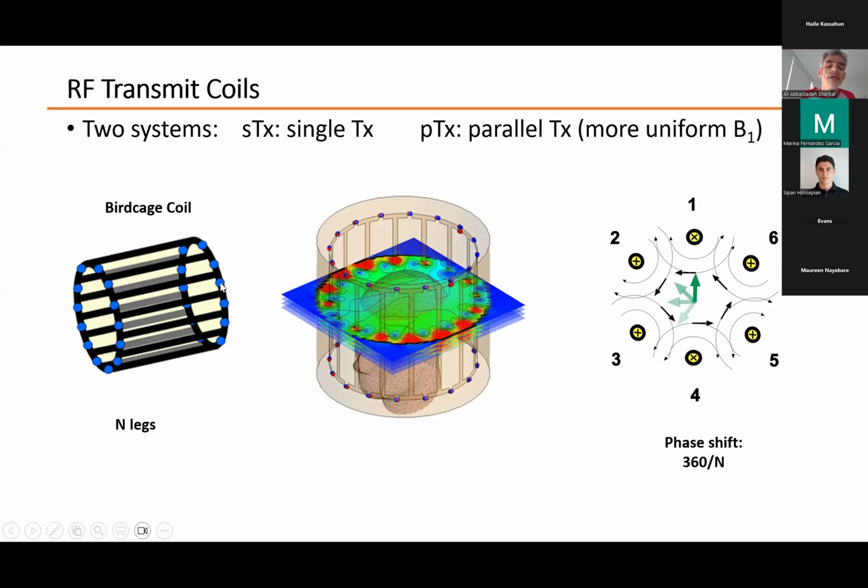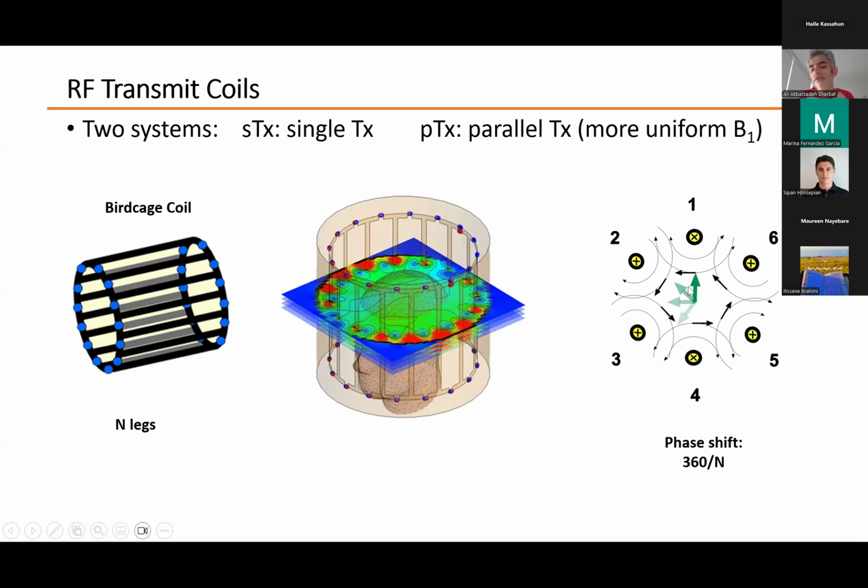These capacitors produce phase shift. For example, if we apply the transmit signal coming from the MRI machine to this point, then it goes to the next one, and this capacitor shifts the transmit signal by some degrees. So here we have a shifted transmit signal, and again and again.